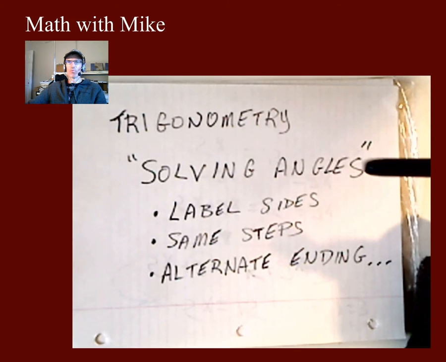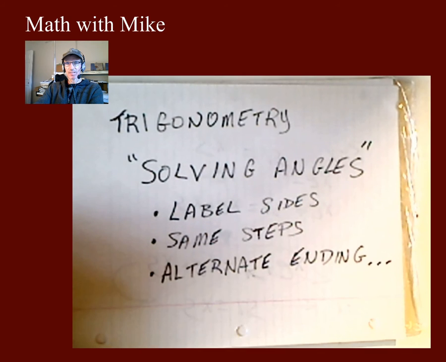What is in it? Well, spoiler alert, I guess, to keep with the theme. Labeling the sides is the same as before. Next, when we are writing the actual steps down, those are also the same by design.